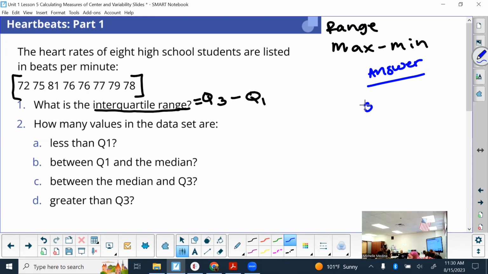I don't know. Okay. Table 2, what did you get? Table 3? Table 4? For the interquartile range. Table 5, what did you get? Table 6?